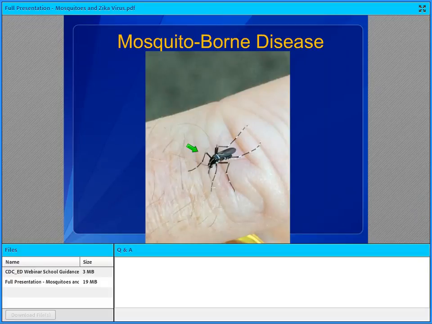This photo was captured here in Georgia in Suwanee by a coworker of mine, Brian Hubbard, and I begged him to let me use this picture because it's a really good picture of a mosquito in a natural setting. We know this is a female mosquito. Only the female mosquitoes will require a blood meal to provide nutrients before they could lay their eggs.